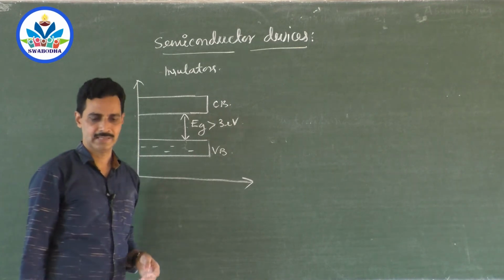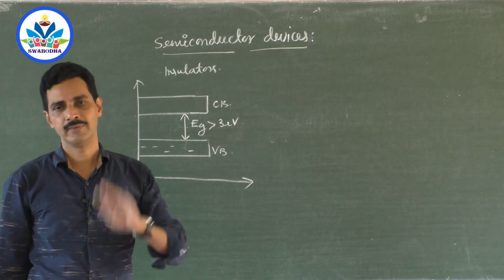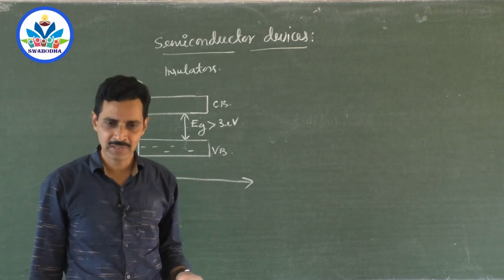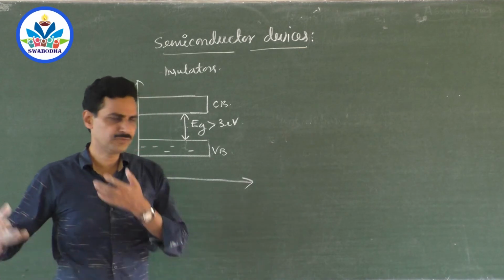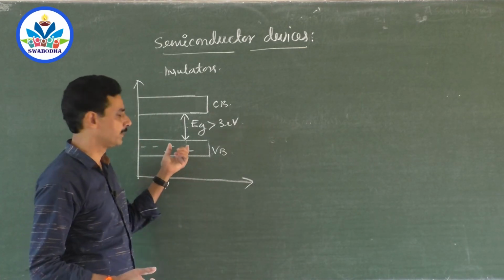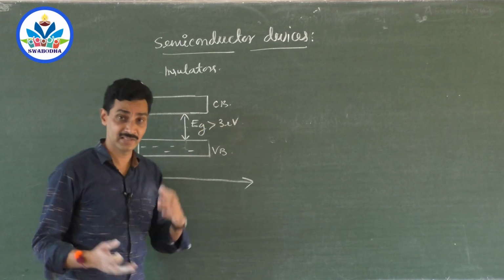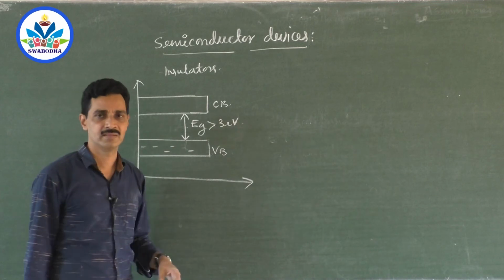No free charge carriers. Sir, when is this the situation? Always. Whether it is at room temperature, whether it is at 0 Kelvin, at any time, even if you supply some external heat energy so that electrons will absorb the heat energy and go to the conduction band, that is your expectation, but they don't go because this energy gap is very large.